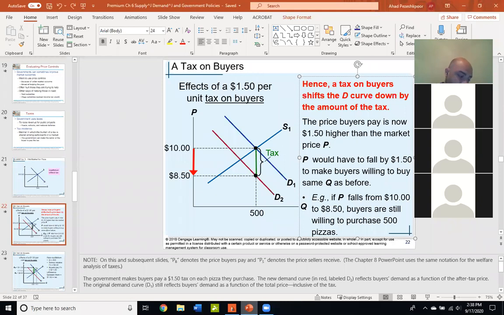The price buyers pay is now 1.5 higher than the market price P. Price would have to fall by 1.5 to make buyers willing to buy the same quantity as before. So if price falls from 10 to 8.5, buyers are still willing to purchase 500 pizzas.